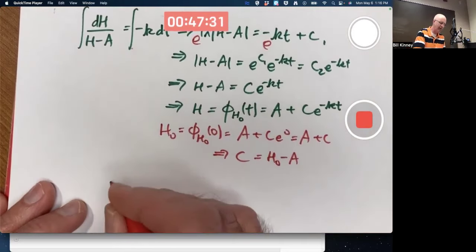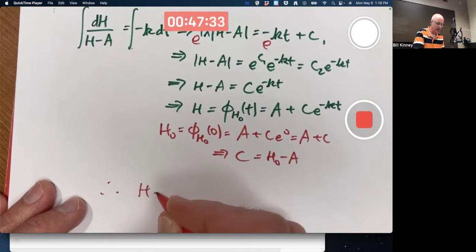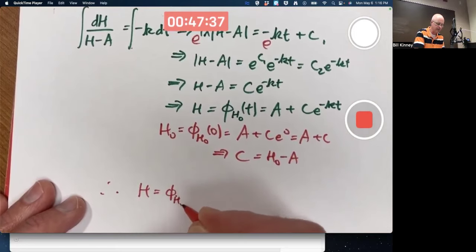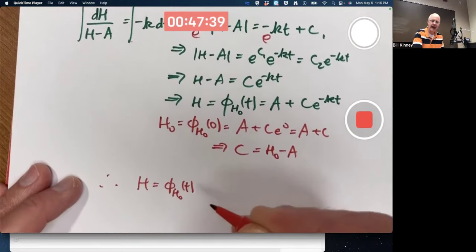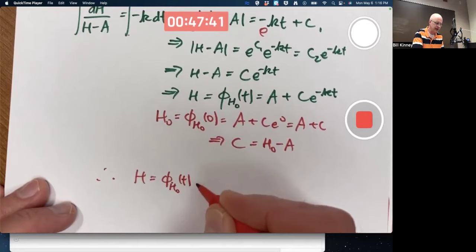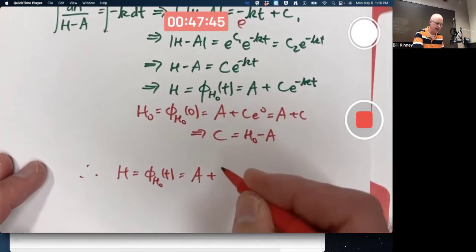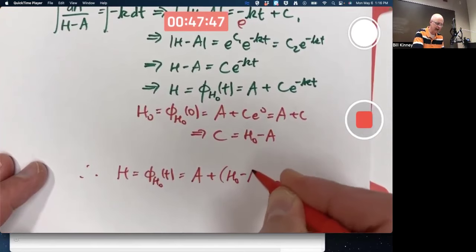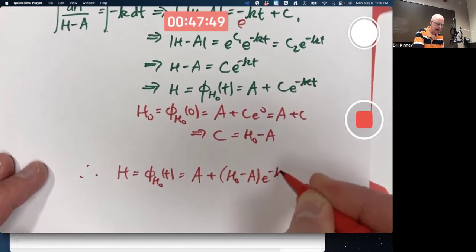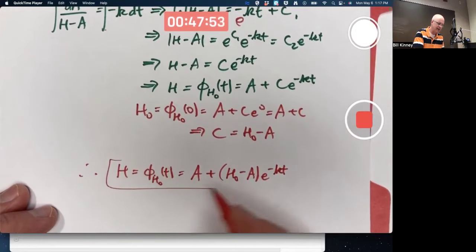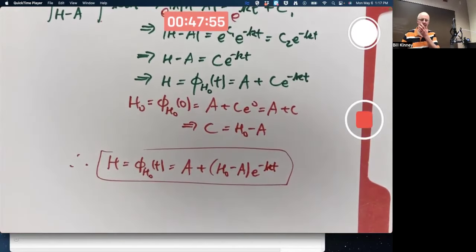And therefore, my final answer for the solution of the initial value problem is H equals phi sub H naught of t equals A plus, replace C with H naught minus A. Lots of letters. This is a big part of applied math, being able to handle lots of letters.